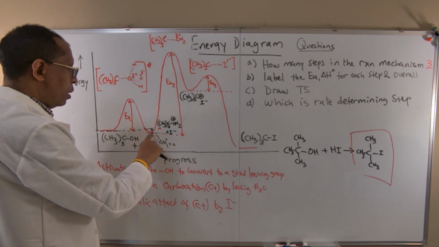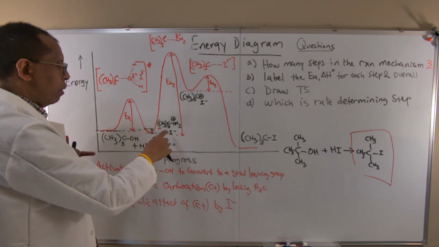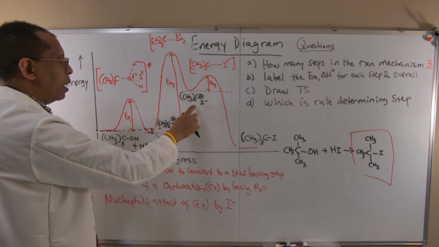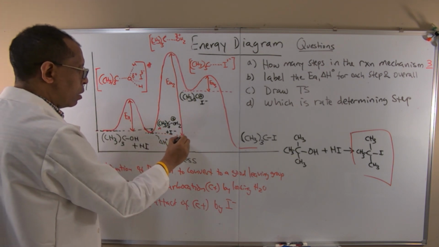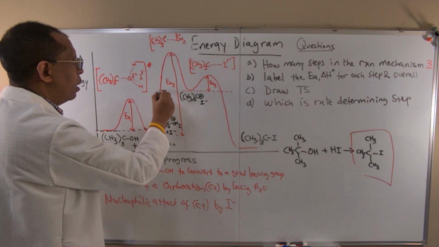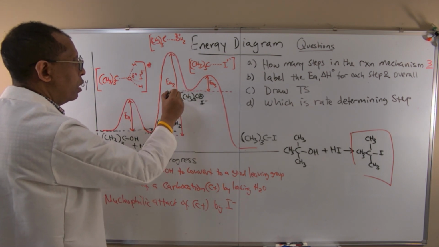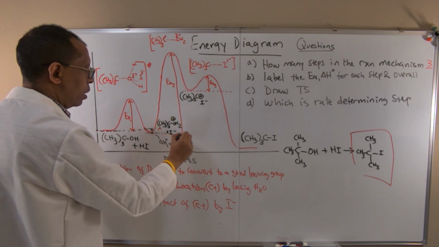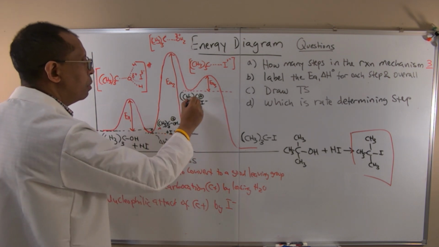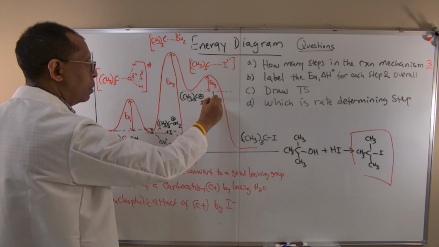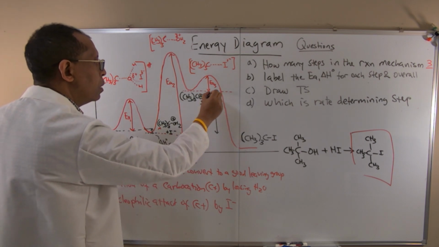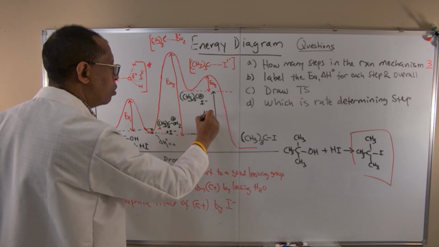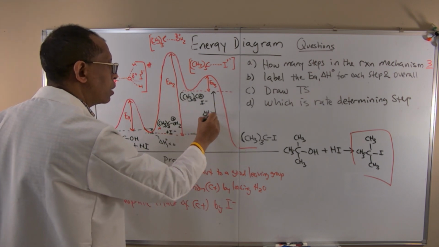But the next step, the dissociation of OH2 plus to form this carbocation: this is the starting material, and the product is here. So delta H2 is greater than 0.